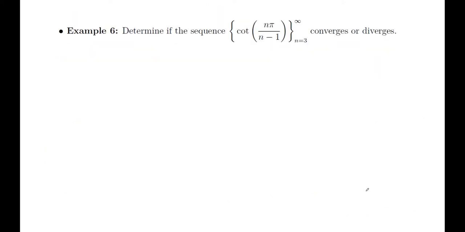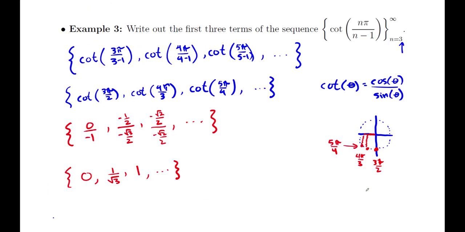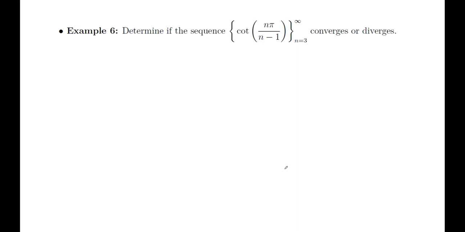All right, now let's revisit example 6 here. We wrote out the first couple terms of it, so remember, we figured those out: 0, 1 over square root of 3, 1. It kind of looks like maybe things are getting bigger as I go, so that doesn't necessarily give us a good feeling about it being convergent, but let's see what we can do with it.